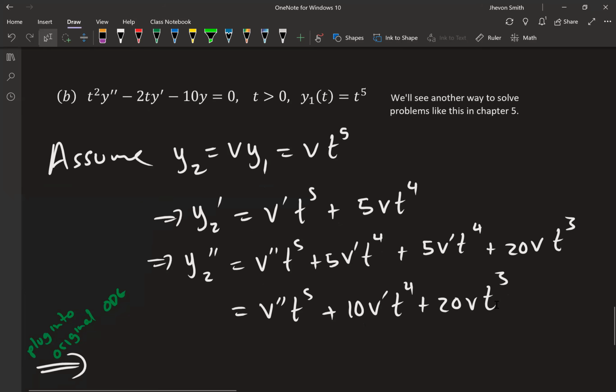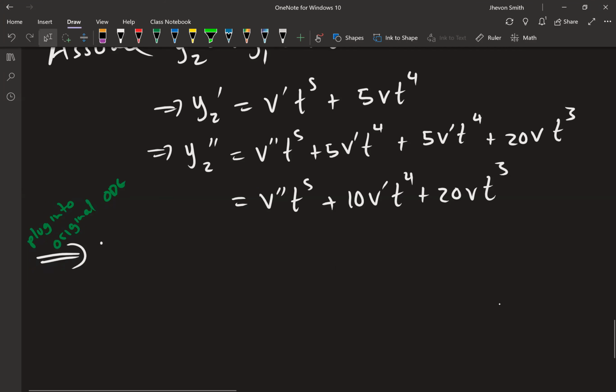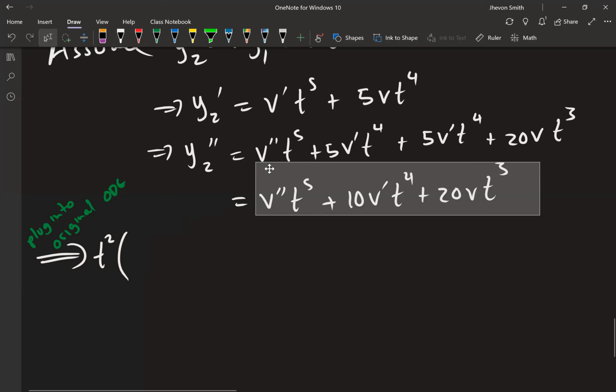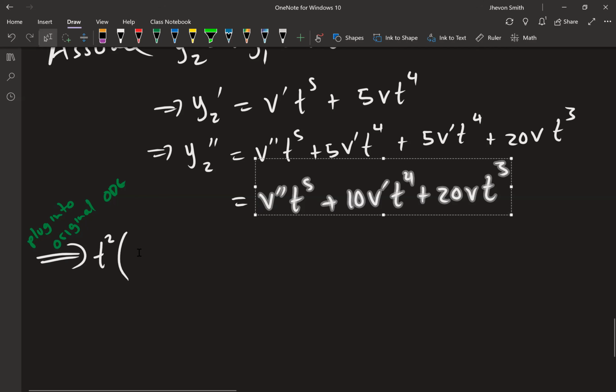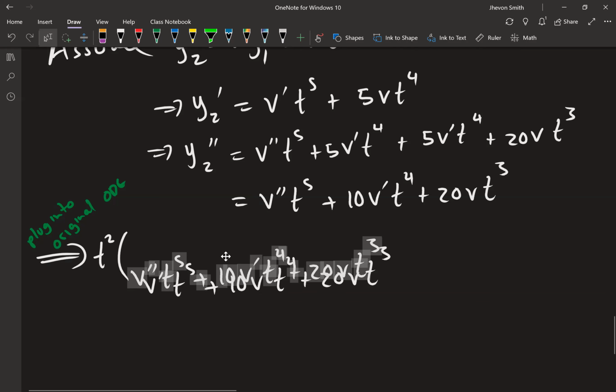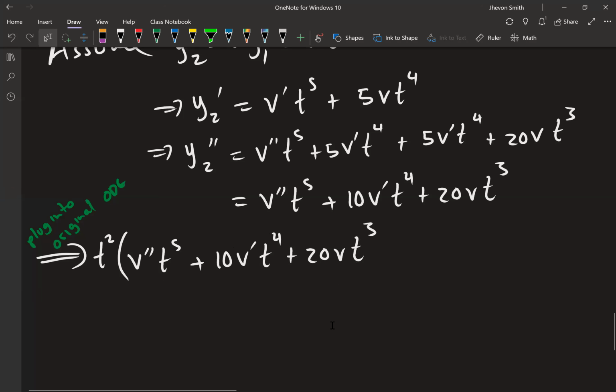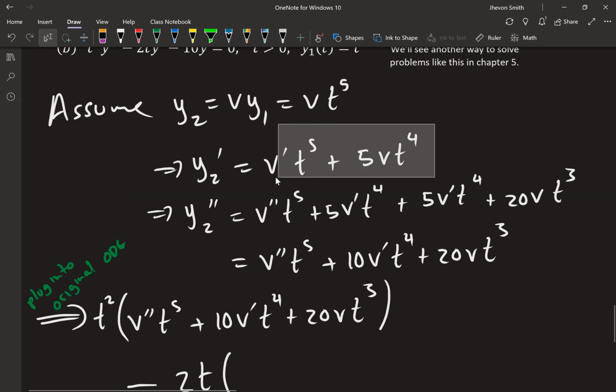So this says t squared times y double prime. So I'm going to have t squared times this whole guy right here. Then I'm going to have minus 2t times y prime, which is this guy right here.